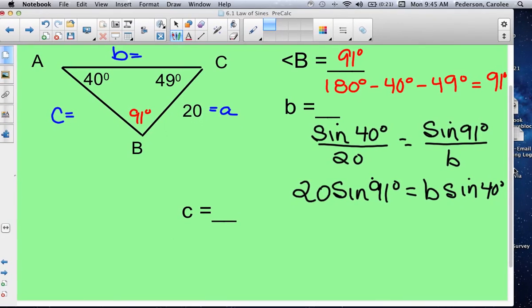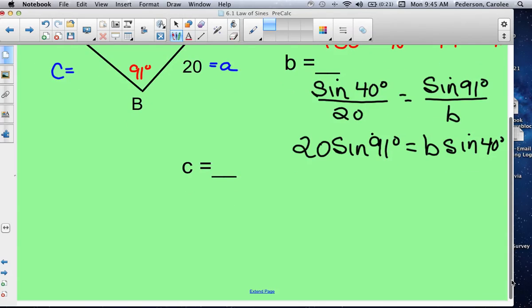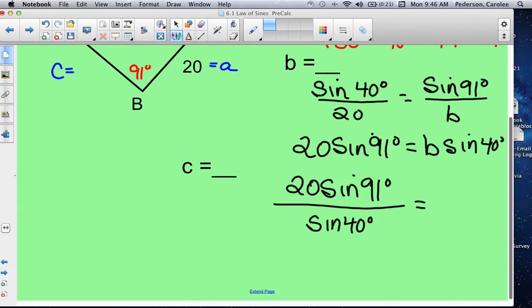Solve for B. How do we get that sine of 40 degrees removed from the right side? Divide both sides by it. So we have 20 times the sine of 91 degrees over the sine of 40 degrees equals B. Now go ahead and enter it into your calculator. What do you get?